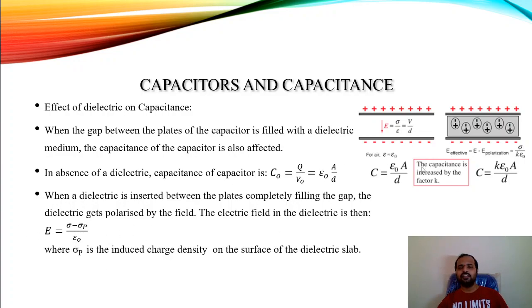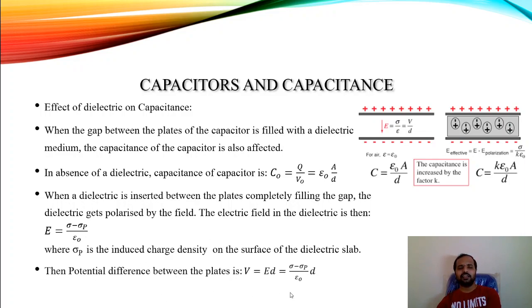Sigma is the charge density which exists without a dielectric medium, and sigma p is the charge density created inside the dielectric medium due to polarization. We already know that this charge distribution gives us a reduced charge density, and so we get the electric field as sigma minus sigma p by epsilon naught.